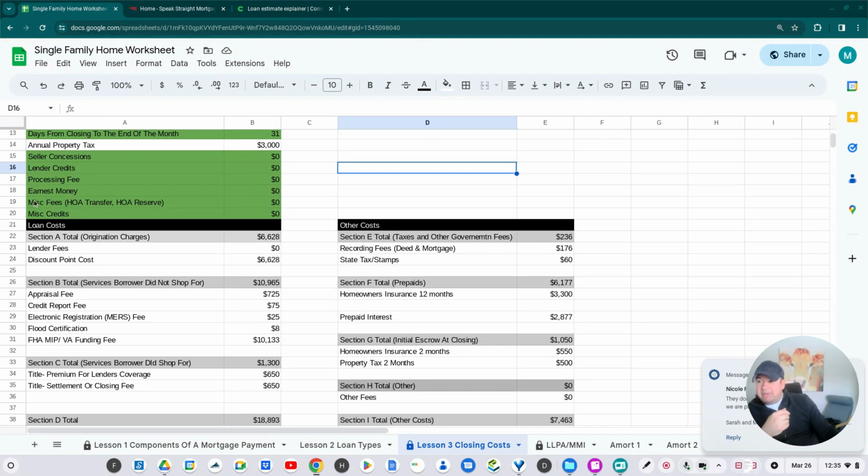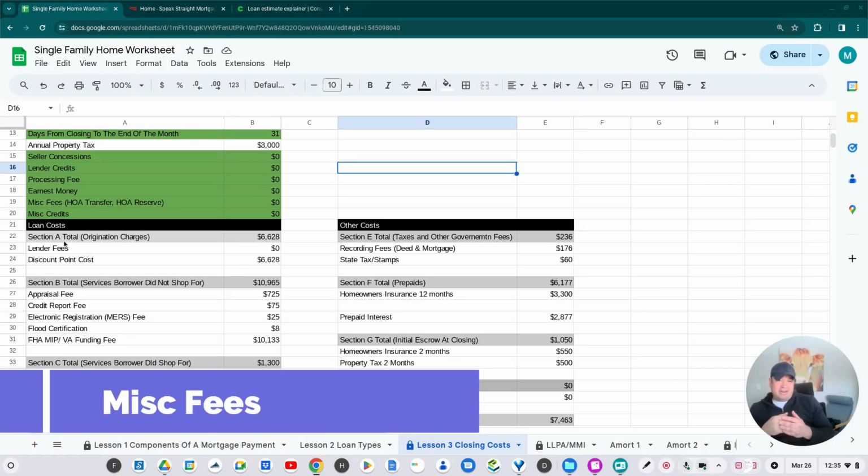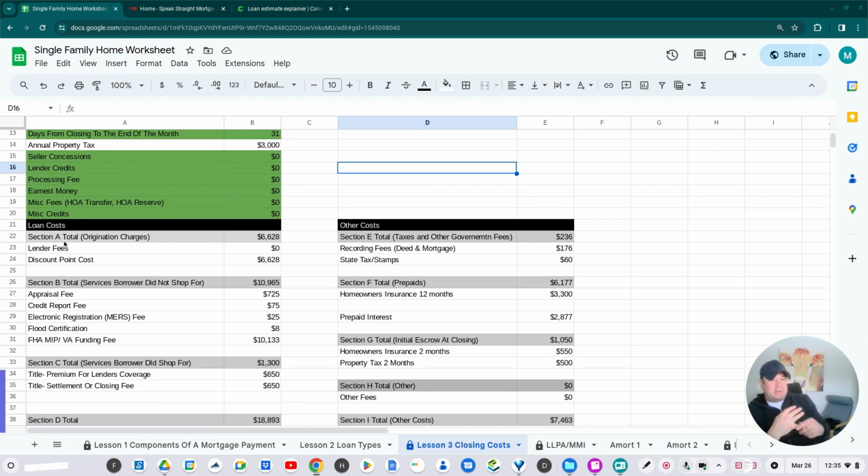Okay, miscellaneous fees. An example of miscellaneous fees are, let's say you bought a condo or a townhouse and there's an HOA transfer fee, there's HOA reserves required. New construction has different types of fees sometimes. I'm leaving that 0.